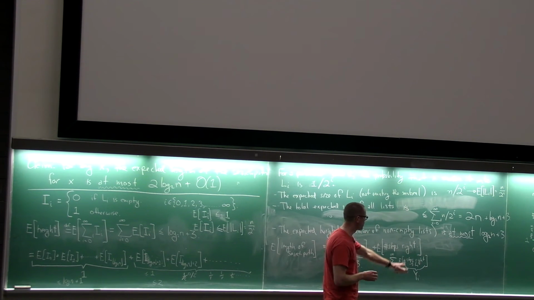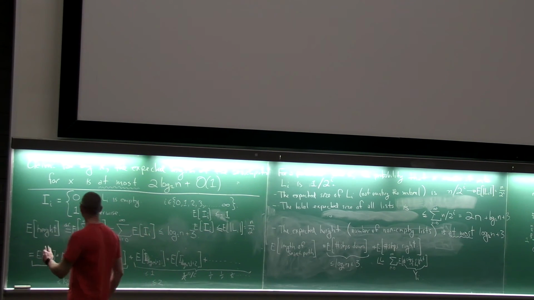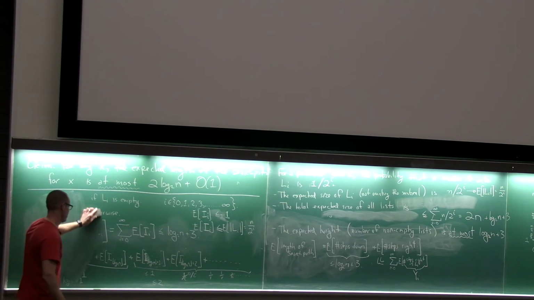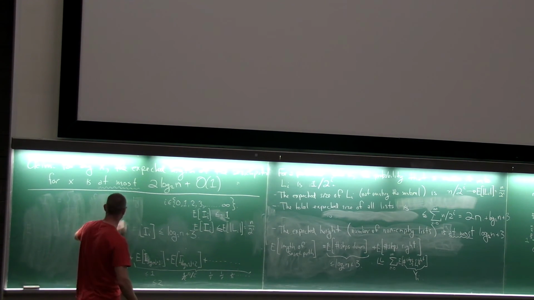Yi is equal to the number of steps to the right in Li. It'll make life easier for us. And now I'm going to erase this, and then I'm going to write out almost exactly the same thing again, because the proof of this part is almost exactly the same.